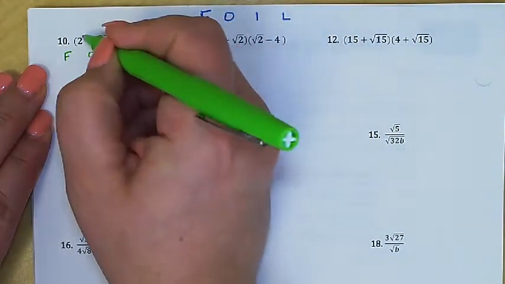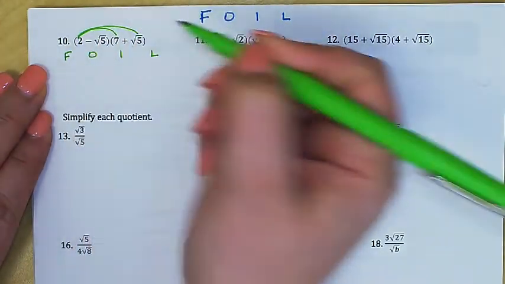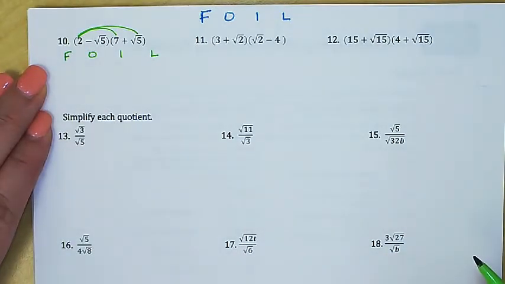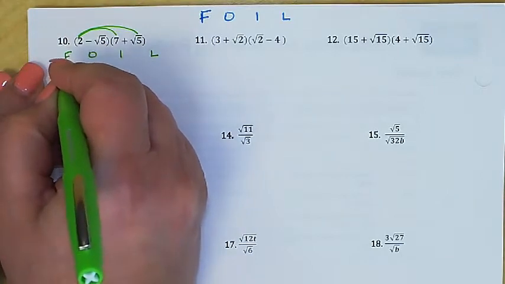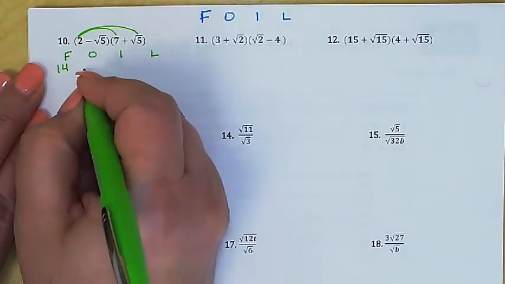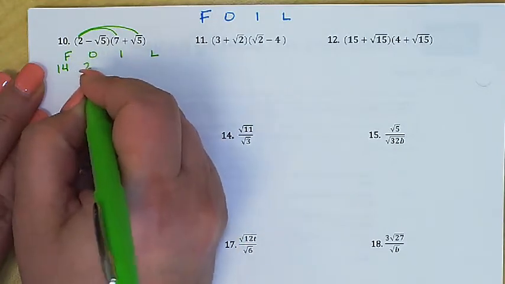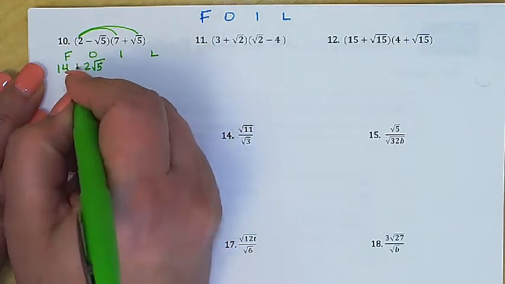So if I start with this first term and I make sure that I do the first two terms and the outer two terms, that's really just distribution. I do 2 times 7, 14. And then 2 times the square root of 5. Again, those are not like numbers, so I'm just putting them next to each other. And that would be positive.